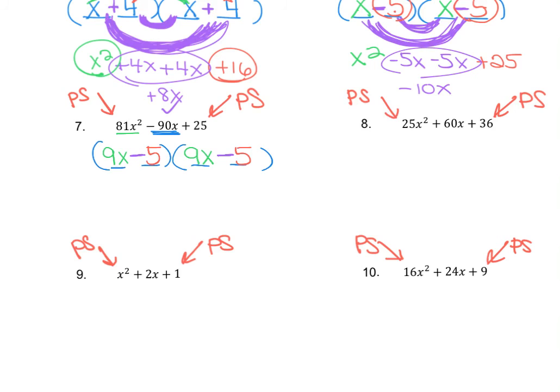Negative? I like it. All right, so let's check our work. 9x times 9x is going to be 81x squared. I have these two middle terms. I'm going to have negative 45x and another negative 45x. And then negative 5 times negative 5 is going to be positive 25. These together will be negative 90x. Check.